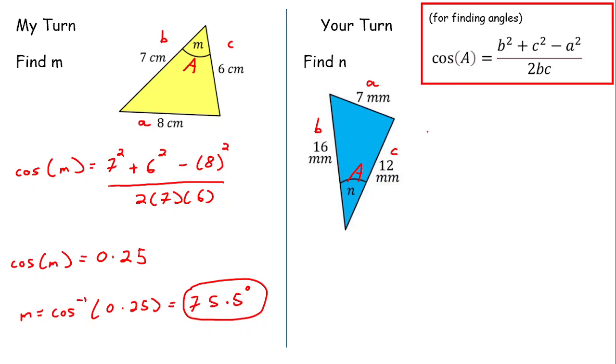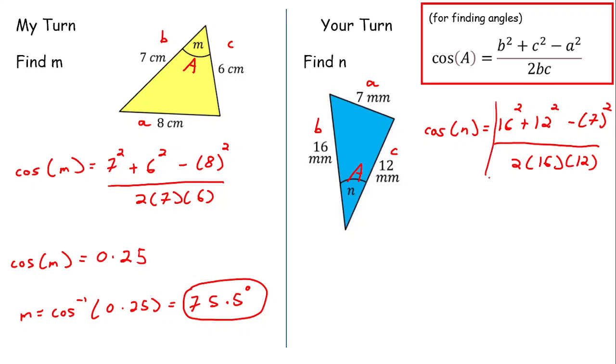So we've got cos of angle A, well, angle A is n, what we're trying to find, is equal to b squared plus c squared minus a squared, where b is 16, c is 12, so 16 squared, add 12 squared, minus a squared, where a is 7, so minus 7 squared, over 2bc, so over 2 times 16 times 12. And then go and put this into your calculator.